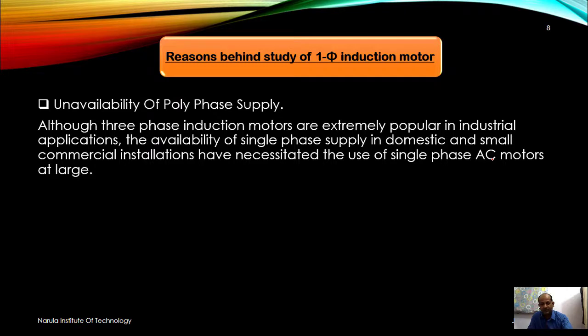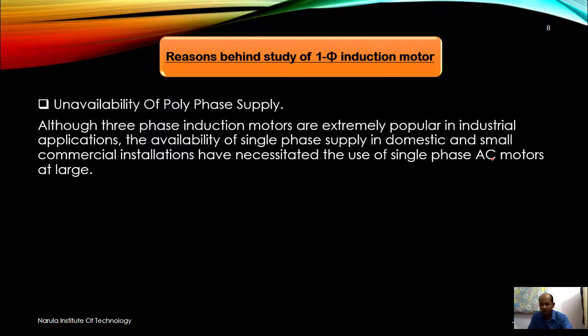Okay, now what should be the second point? Second point is low power application for constant speed drive. Now single phase induction motor has only squirrel cage rotor structure, so it is very rugged, it is cost effective.